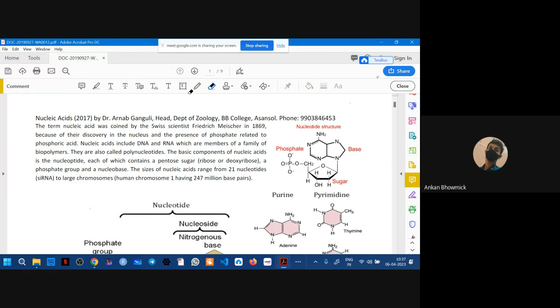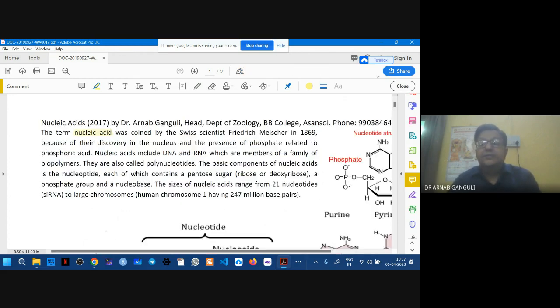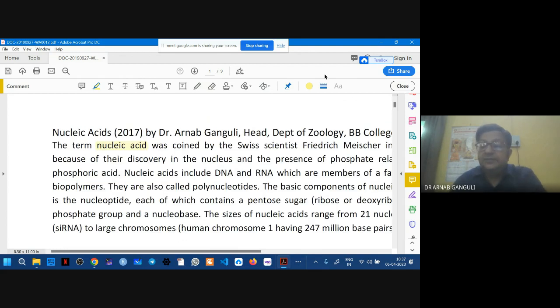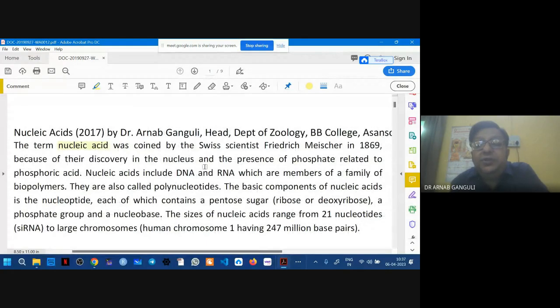So the term nucleic acid was coined by the Swiss scientist Friedrich Miescher in 1869 because they were discovered inside the nucleus of the cell, and acid because phosphate was detected in the presence of phosphoric acid.